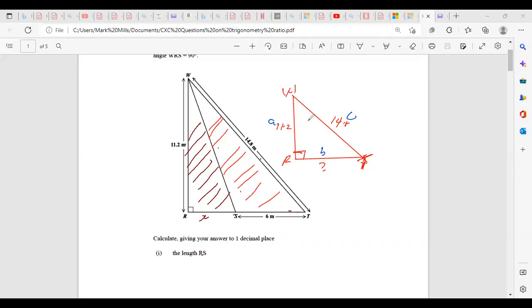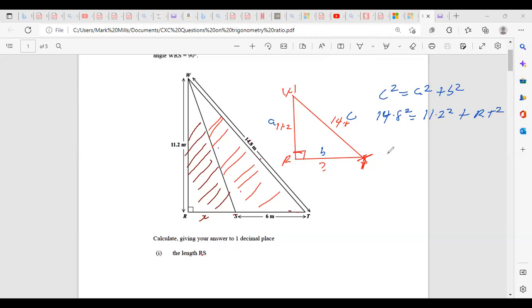Right? So we are going to find RT first. So we use the Pythagoras theorem: C squared is equal to A squared plus B squared. So it'd be 14.8 squared is equal to my A, 11.2 squared, plus my B, which is RT squared.